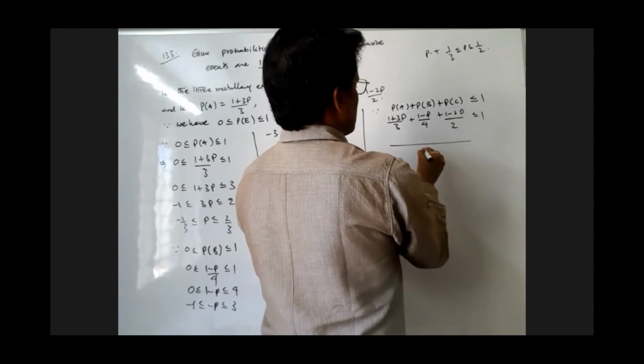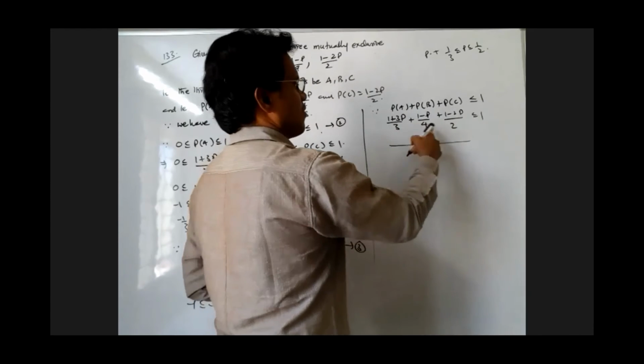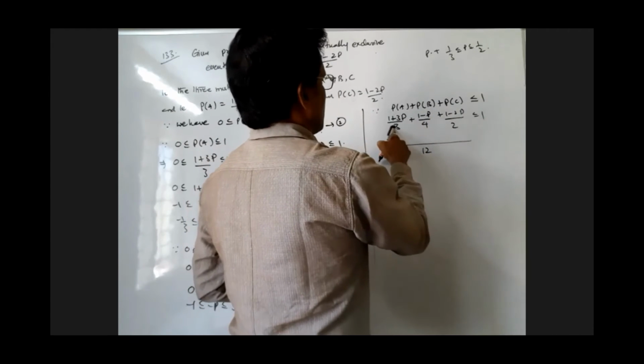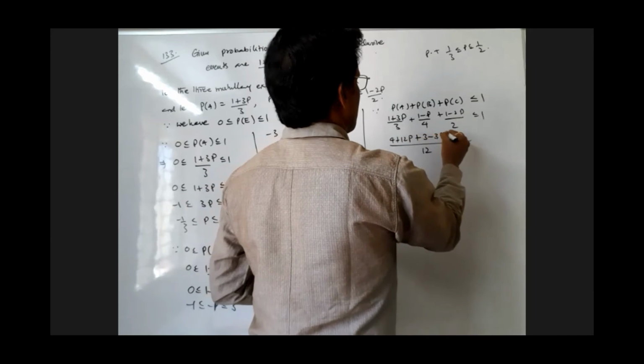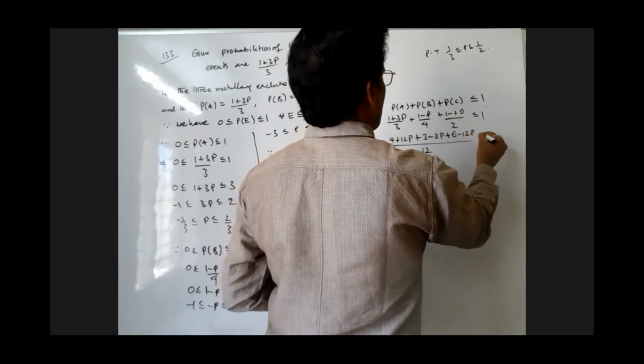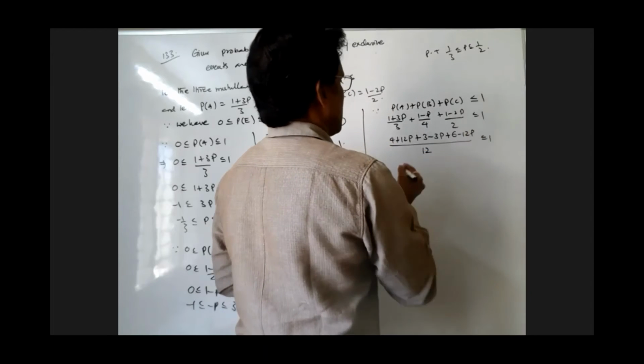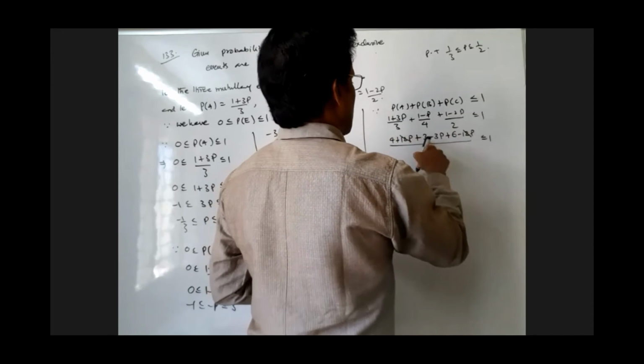The LCM is obviously 12. Am I right? 4 plus 12p, plus 3 minus 3p, plus 6 minus 12p, less than or equal to 12. This 12p and minus 12p cancel.